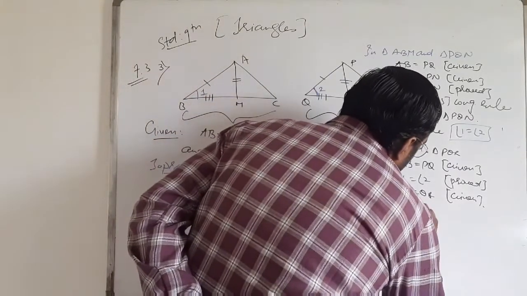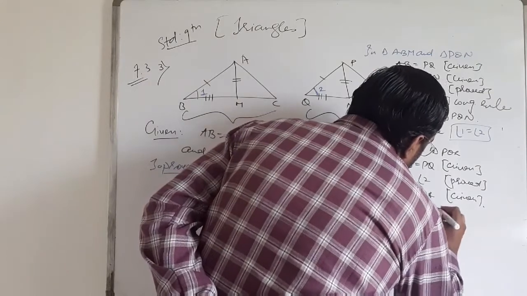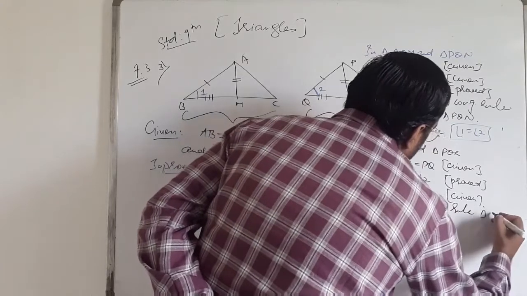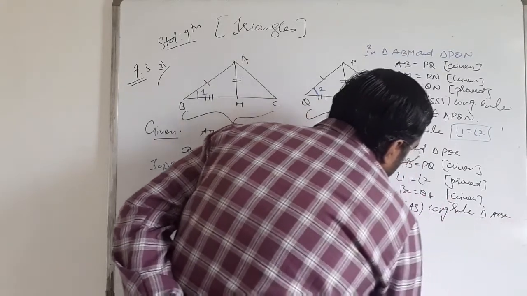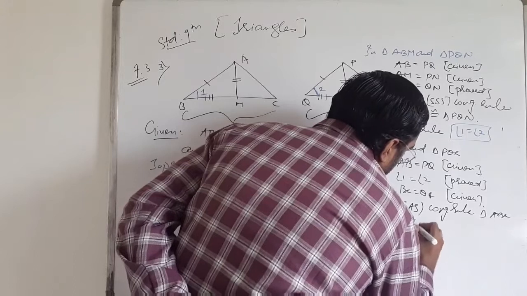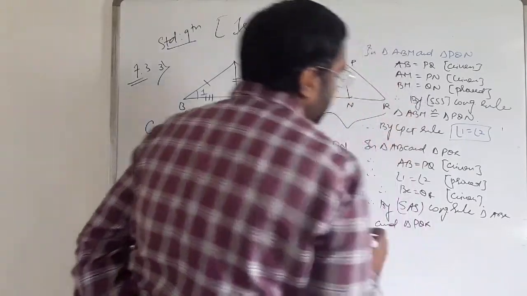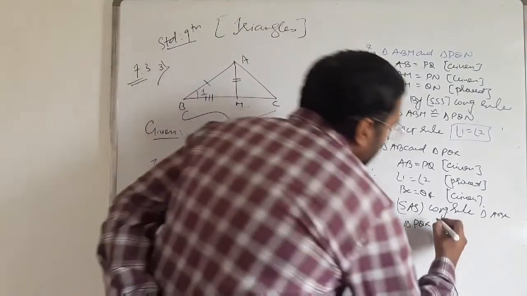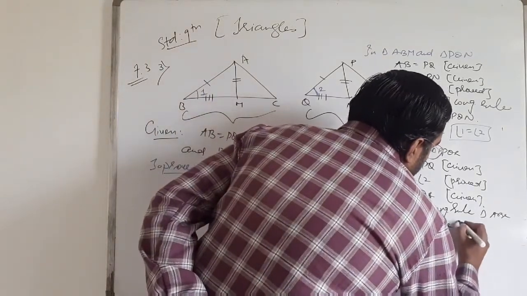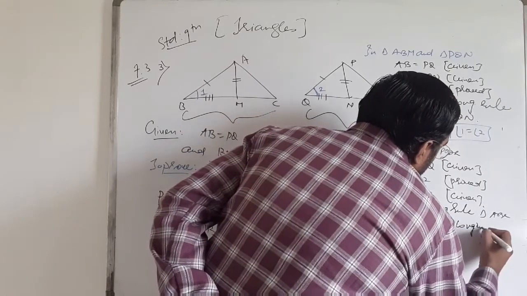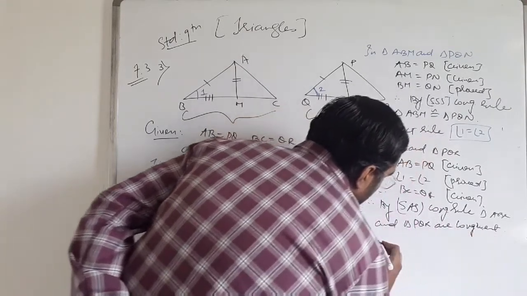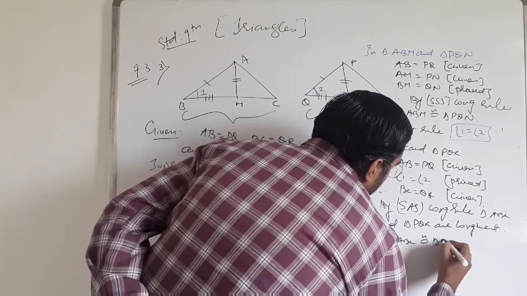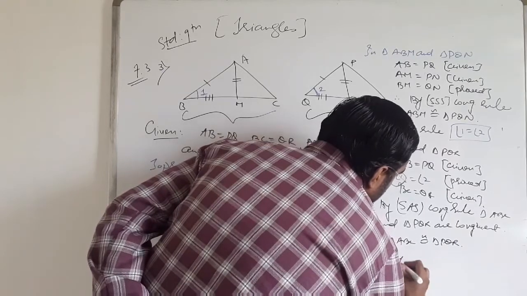Therefore by the side angle side congruency rule, triangle ABC and triangle PQR are congruent. Hence proved.